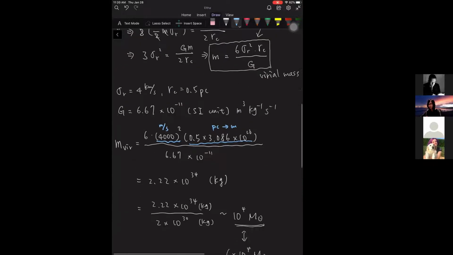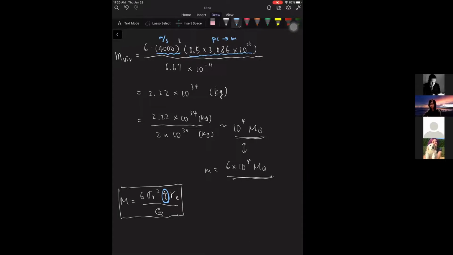if we compare these two forms, you will get that eta is approximately 1, and this is true for star clusters, since we're now treating it as a system of point particles.